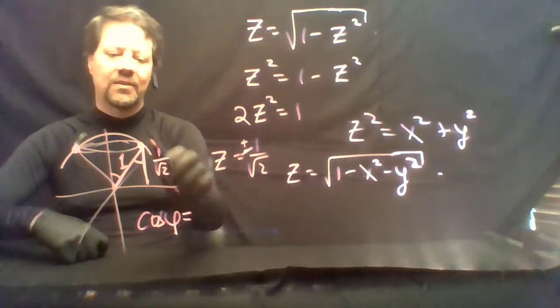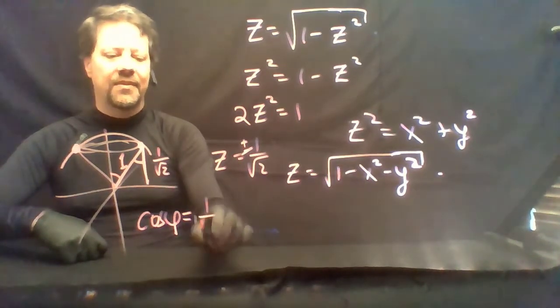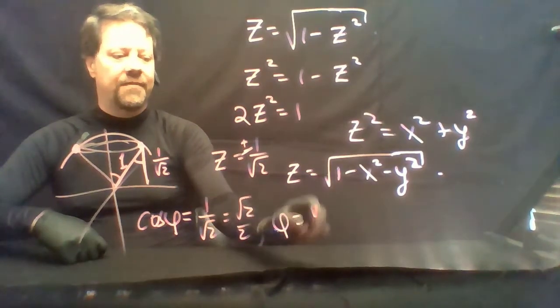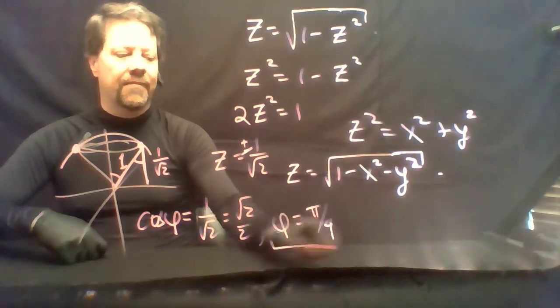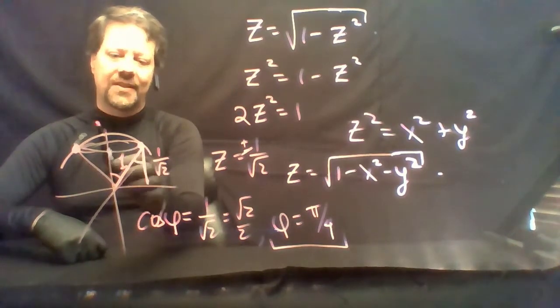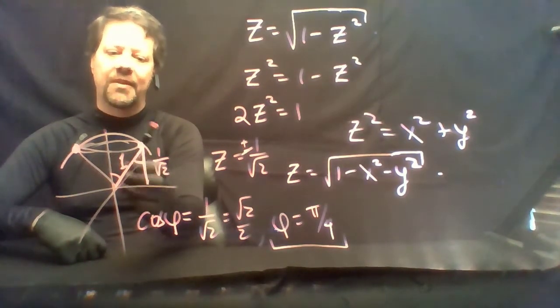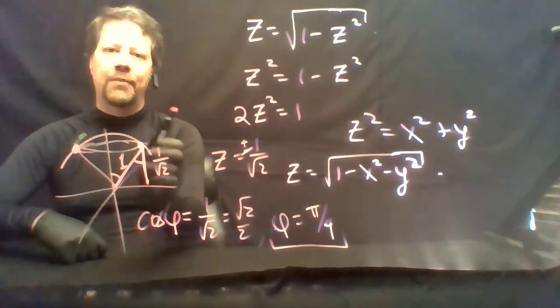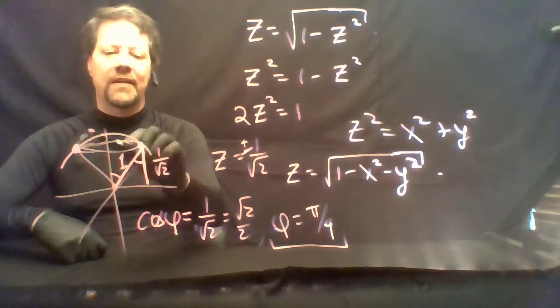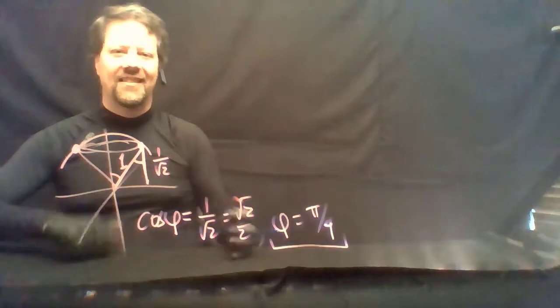Cosine phi will be adjacent over hypotenuse, which gives you phi equals pi over 4. The variable phi, to sweep across this whole region, will go from 0 to pi over 4. Theta will go from 0 to 2 pi, and rho will go from 0 to 1 throughout the region.